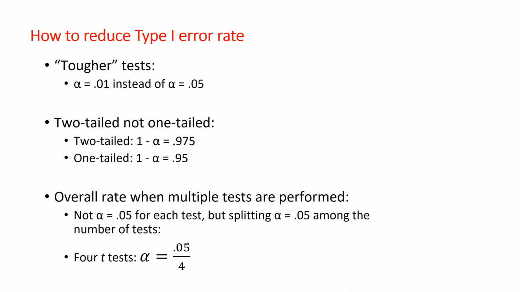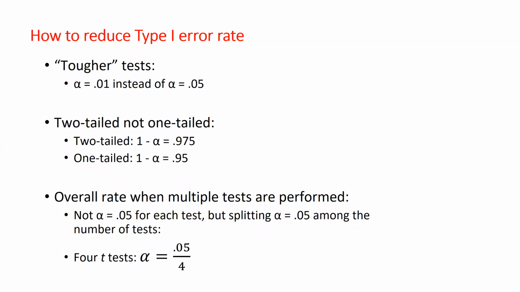Your type 1 error rate is lower with a two-tailed test, because you may recall that with a two-tailed test, you're really testing both ends of the distribution at alpha over 2. So that's 0.975, whereas a one-tailed test is 0.95.